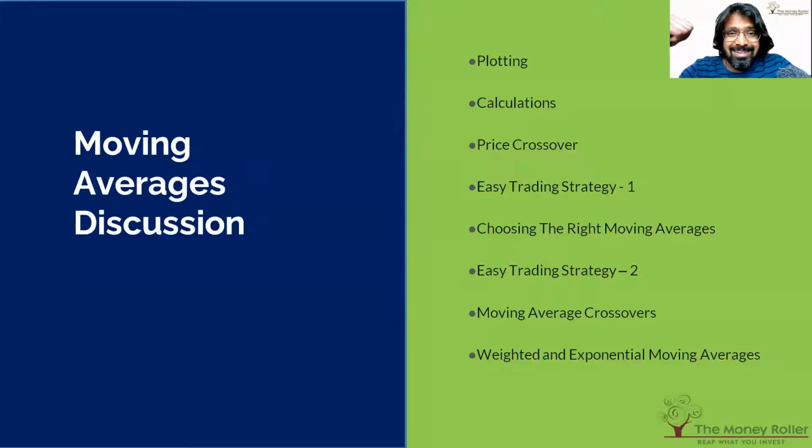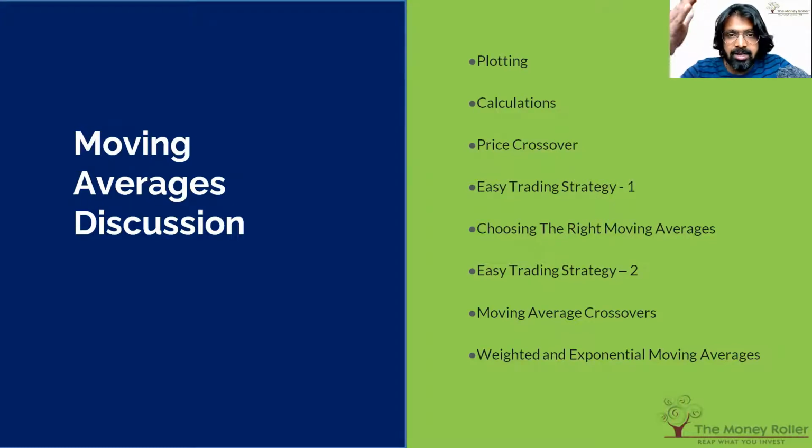Then we talked about easy trading strategy one, which is when you draw a moving average and you can also draw a trend line. If both of them are getting breached, that is when you take the trade. It's like an additional confirmation. Then we spoke about choosing the right moving averages.